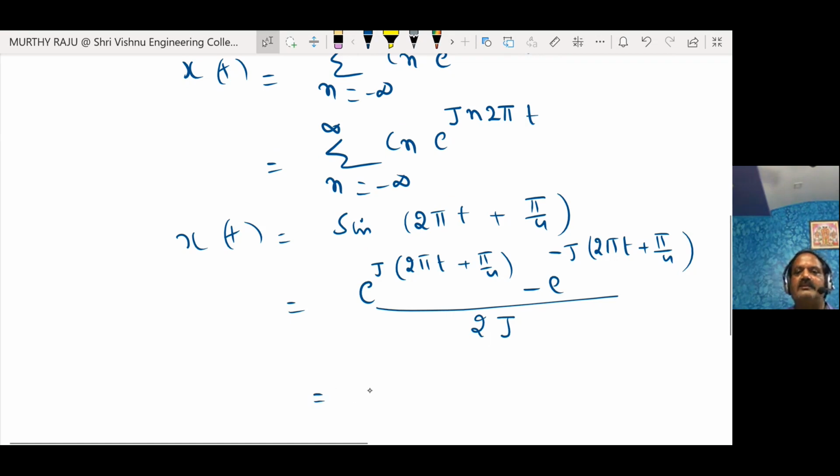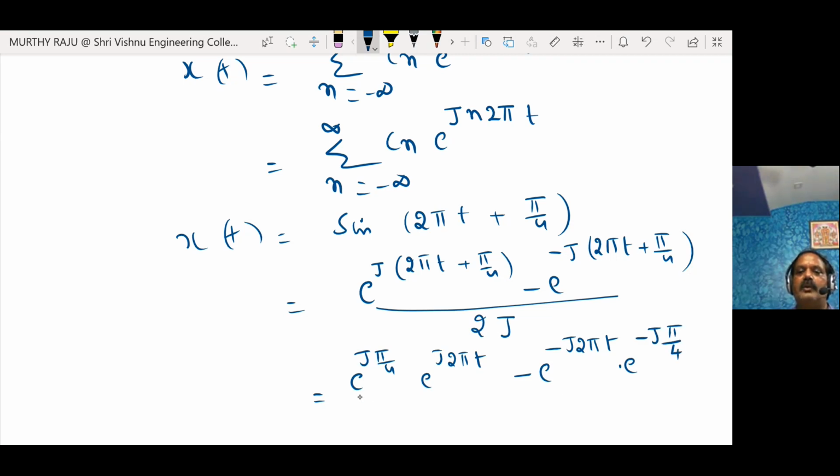That is equal to e power j pi by 4 e power j 2 pi t minus e power minus j 2 pi t e power minus j pi by 4, divided by 2j.